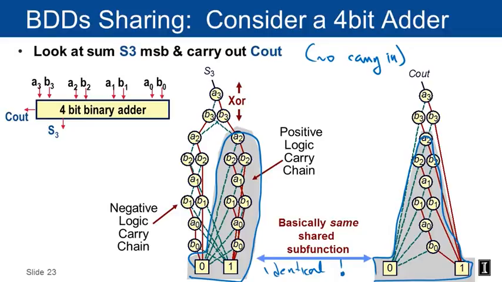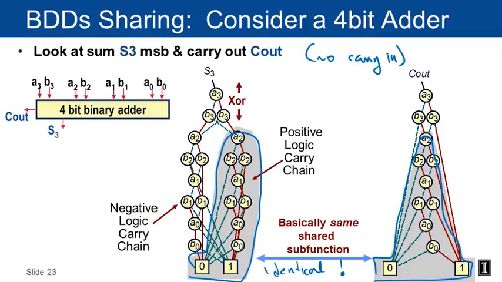And so we get an interesting question, which is, in any realistic kind of a digital design scenario, you don't build a BDD for one function. You build a BDD for a whole lot of functions. Maybe hundreds and hundreds of functions. So, it's not at all unreasonable that I'd like to build the BDD for the sum 3 bit, and I'd like to build the BDD for the carry out bit.